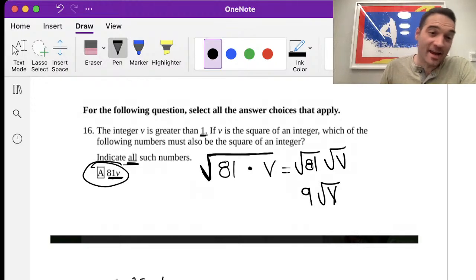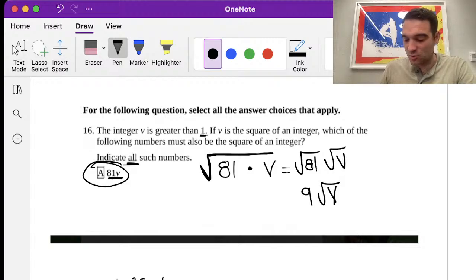When I plug in the next one up, which is 16, that's 16 times 25, 400, plus 40 plus 1. I get 441, unless I did some math wrong. I square root that. Yep, the square root of 441 is 21.